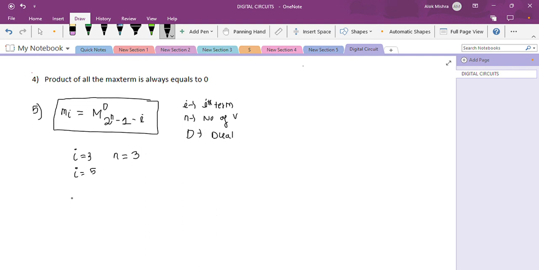What if I give you i equals 2? Dual of what? Let me check that. If n is 3, then 8 minus 1 minus 2, right? Yes, that is correct.